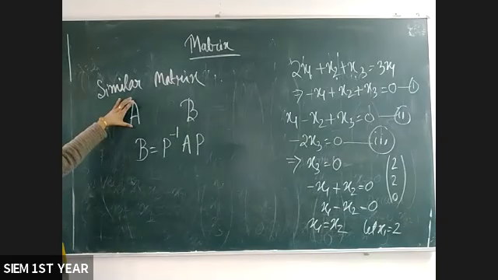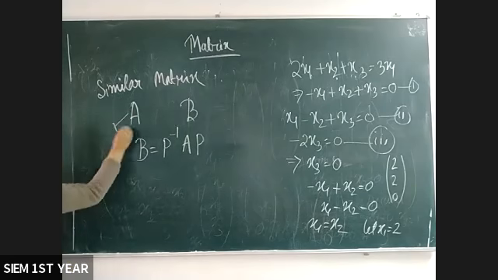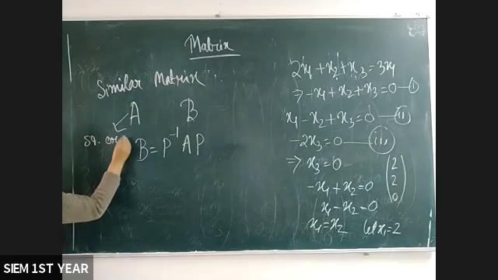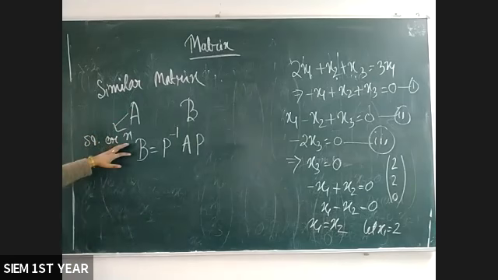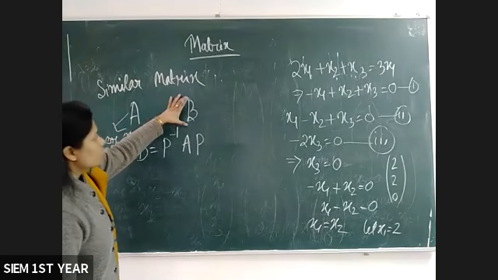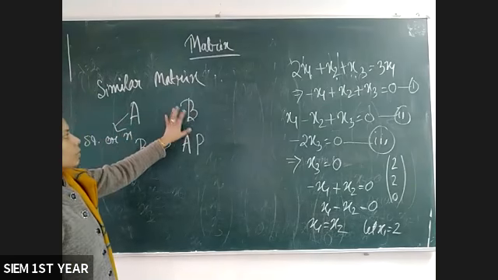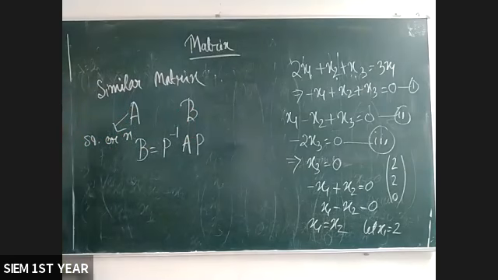A is a square matrix of order n. I am just writing this, square matrix of order n. B is also a square matrix of the same order, n.